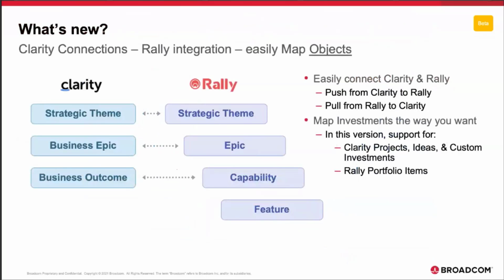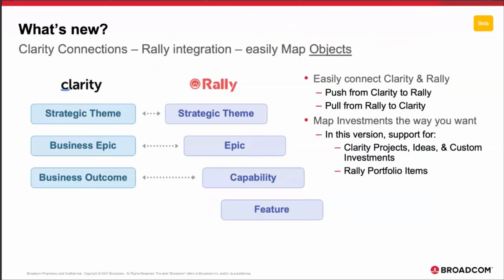So with that in mind, Clarity Connection starts with mapping objects. The solution provides the ability to map Clarity and Rally objects, name them whatever's appropriate for your business needs. As you know, Clarity objects can take on names such as strategic theme, business epic, or business outcome. And of course, Rally supports the ability to configure the portfolio item hierarchy levels and name those objects to meet business needs as well.